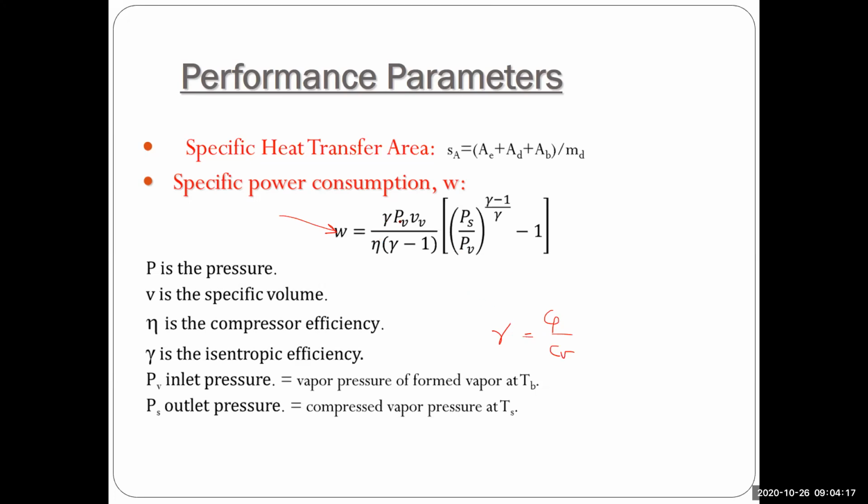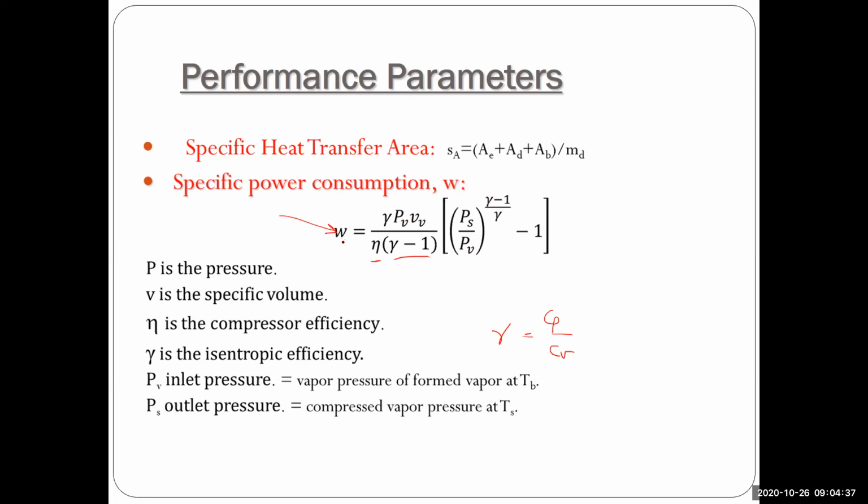So gamma into the pressure in the intake, specific volume in the intake to the compressor, into compressor efficiency, into gamma minus 1, into the pressure ratio, P of steam over P of the intake vapor, to the power gamma minus 1 over gamma, minus 1.